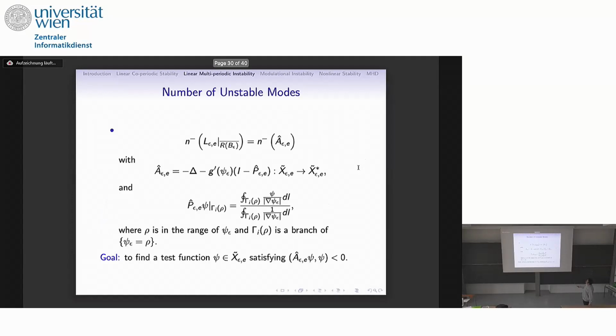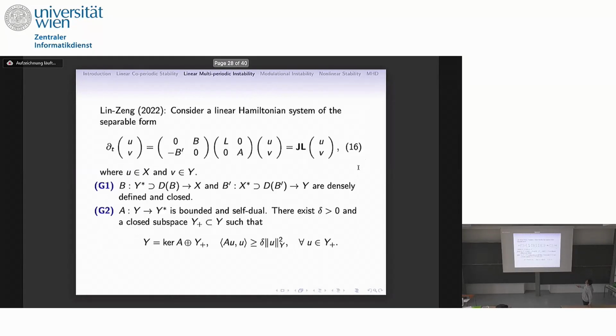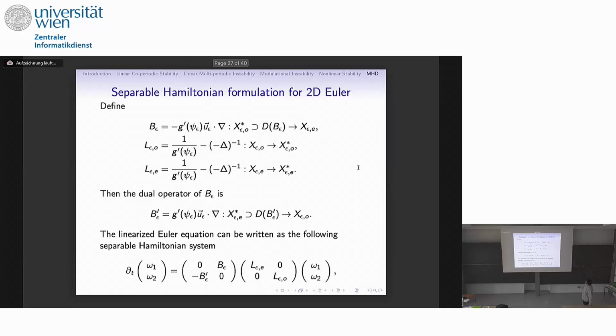Now if you apply this to this special case, B and L are given explicitly here. It is basically the same as before, but now you restrict it to even and odd spaces.